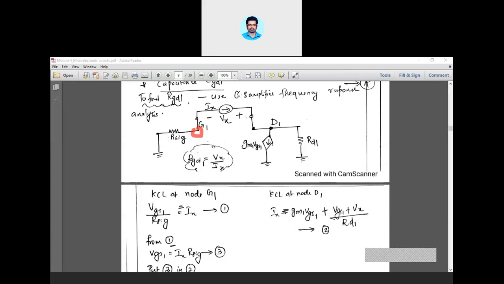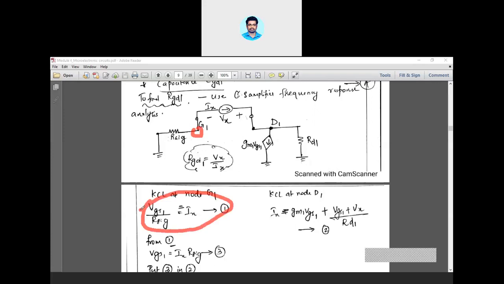Is there any entering current at this node? There is no entering current, so both currents are leaving and we can add those two currents equal to 0. So Ix comes to the right hand side, and that becomes minus Ix, as per equation number 1. Any doubt with this equation?